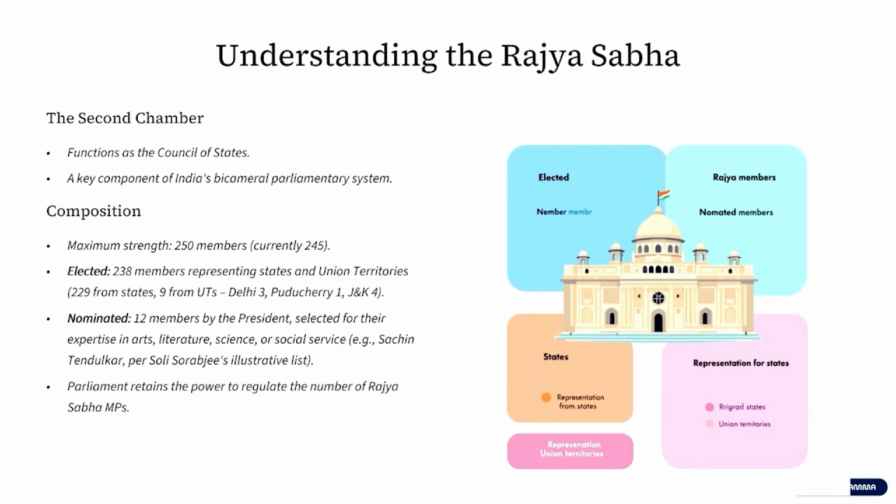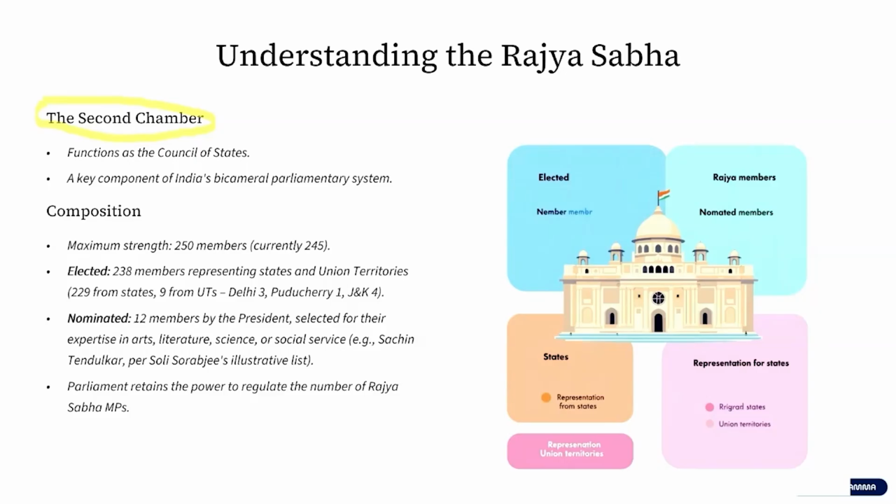Now, coming to Rajya Sabha, it is considered as the second chamber of the Indian legislature. Why is it the second chamber and why is it not the first chamber? The answer lies in our preamble. Our preamble starts with the words "We, the people of India."